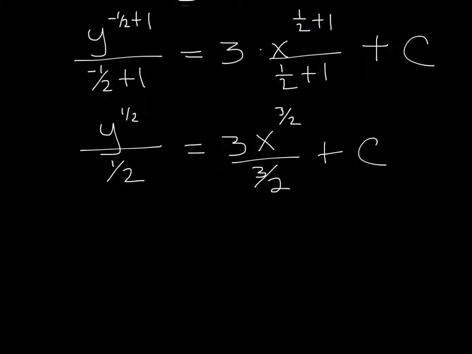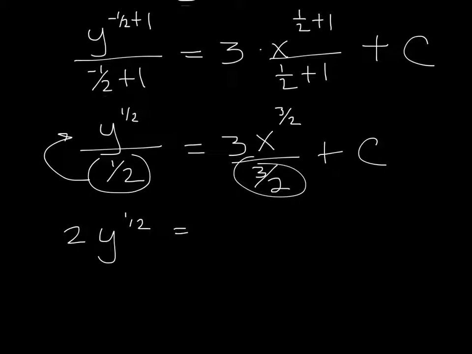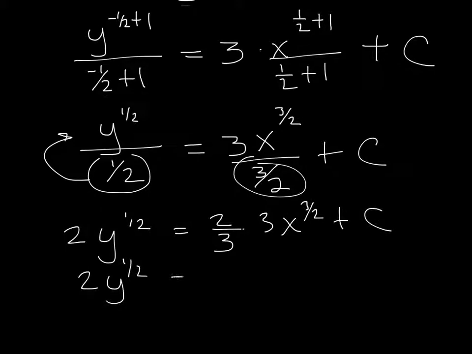And then we can rewrite this. This is really 2y to the 1/2, because when you divide by 1/2, you're really multiplying by 2. Similarly, I'm dividing by 3/2, so I'm really multiplying by 2/3. And so we're left with 2x to the 3/2 plus c.